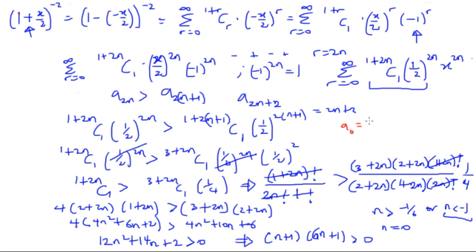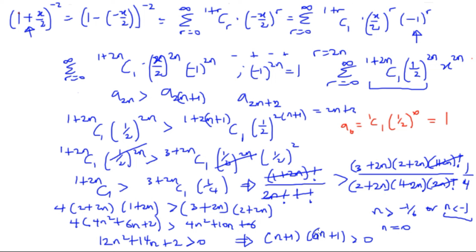So a naught is the greatest coefficient. Anywhere I see 2n, I change it to 0. So I have one combination 1 over 2 raised to power 0 is the greatest coefficient, and that's of course equal to 1. So that's the way it is. So the greatest coefficient in this binomial is equal to 1.